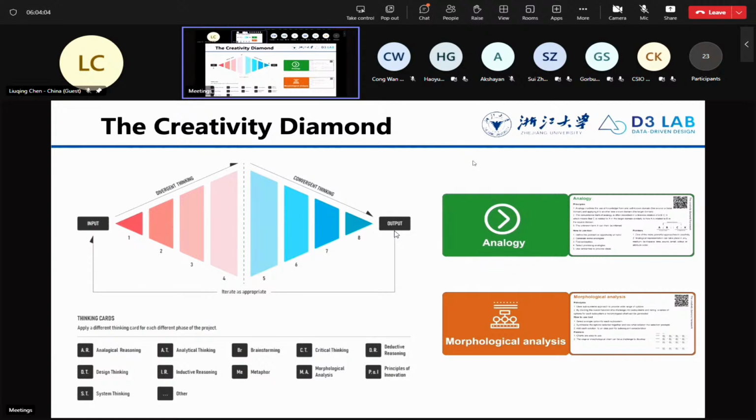In the Creativity Diamond, we take design needs or problems as input and go through the diamond with divergent thinking and convergent thinking in the ideation process. During this process, we can apply different thinking cards, such as analogy and morphological analysis, as shown on the right side.